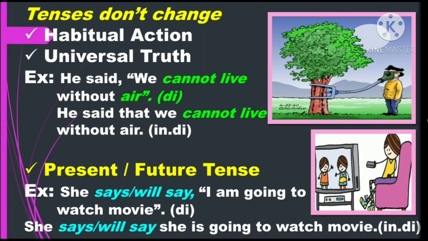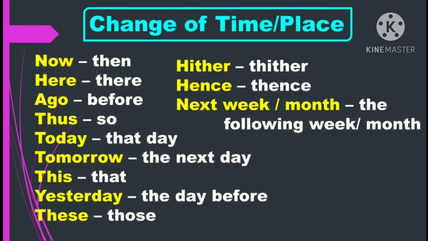So that is direct speech. When it goes to indirect speech, we need not give changes. So she says or will say she is going to watch the movie. Got it? Yes.